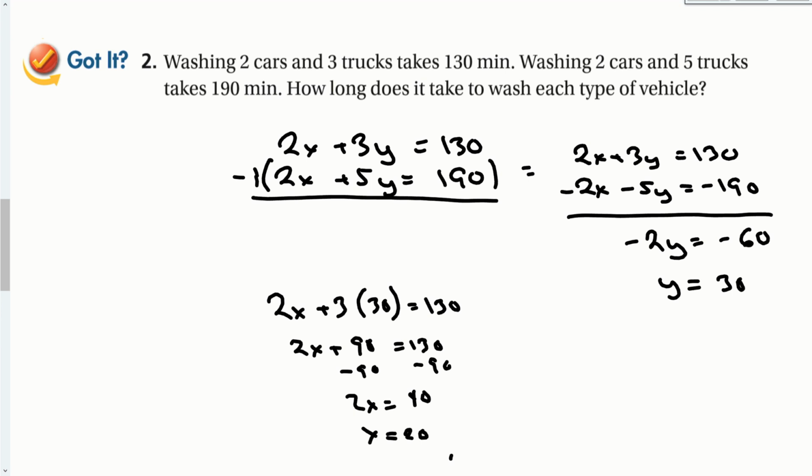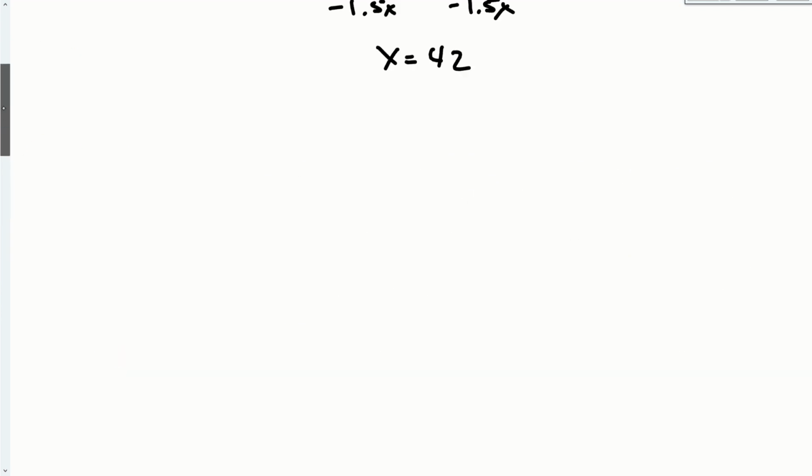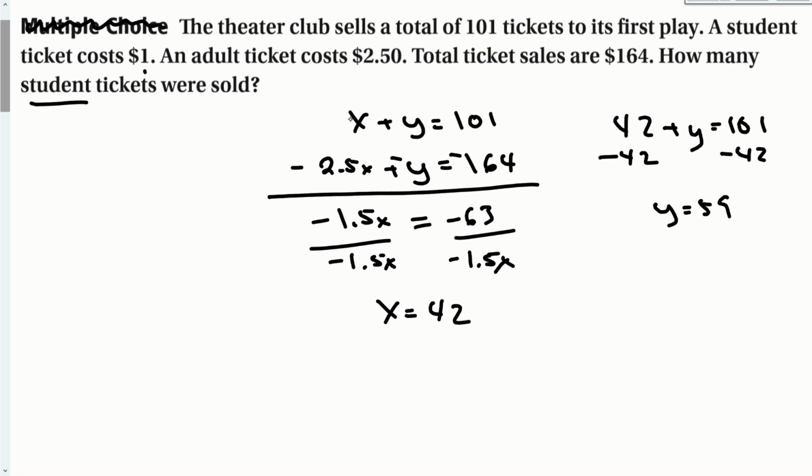Okay? So it takes 20 minutes to wash a car, 30 minutes to wash the truck. Okay? We were able to solve this with elimination. Now, this particular system was not a good choice for substitution, whereas this one up here I could have because I have 3 places where x or y is by itself.